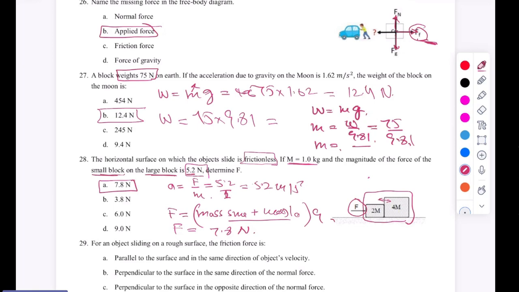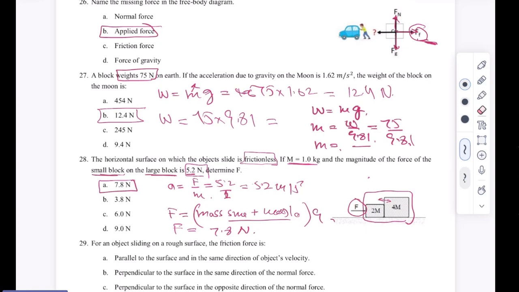The mass m is 1 kilogram, and the magnitude of the force of the small block on the large block is 5.2. So this is the contact force between the two. If we are applying a force on it, then the body moves.